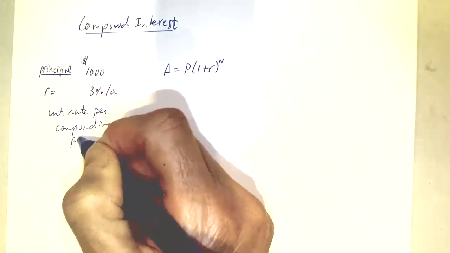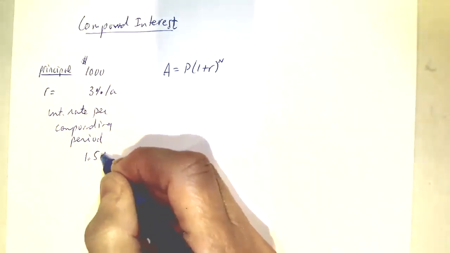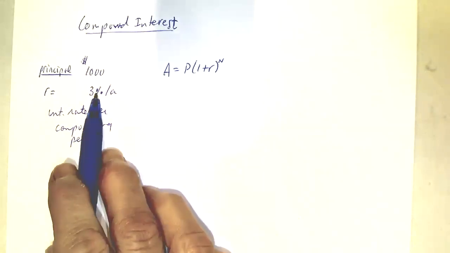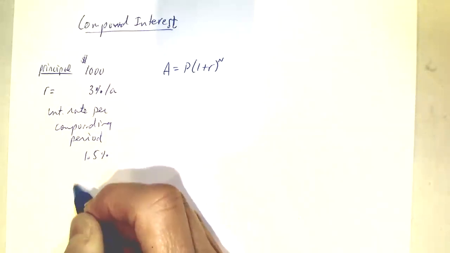In other words, I said that I want to compound this every 6 months. So in that case, my interest rate would be 1.5%, because that's 3% divided by 2 if you're going to do it twice a year. And as a decimal, that's 0.015.